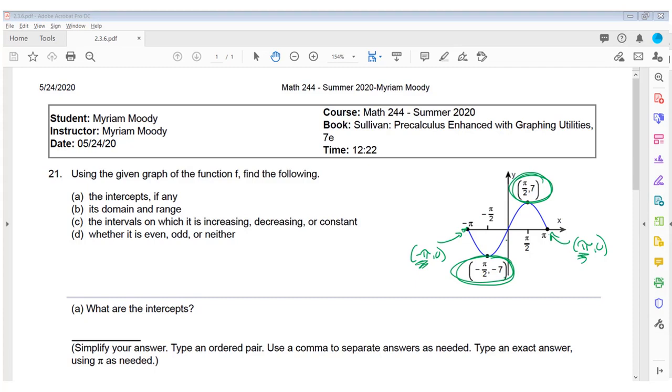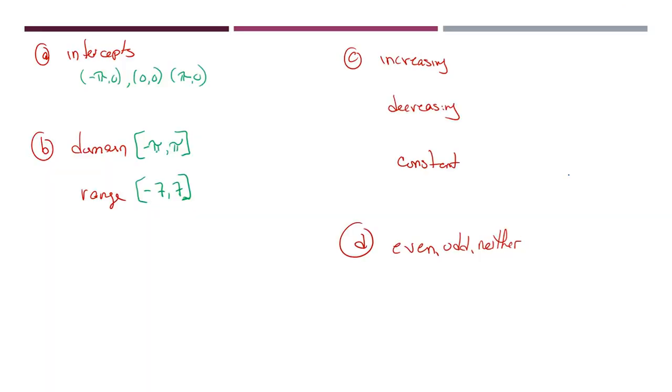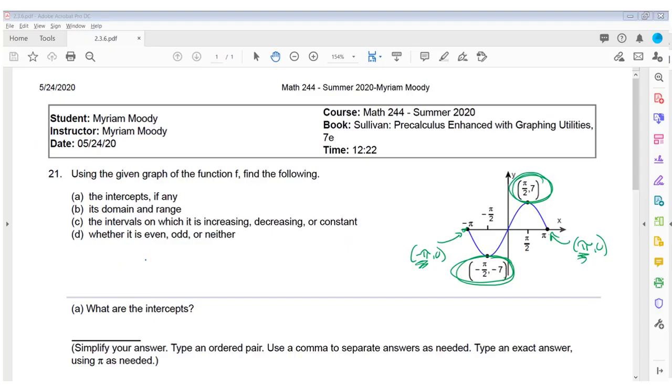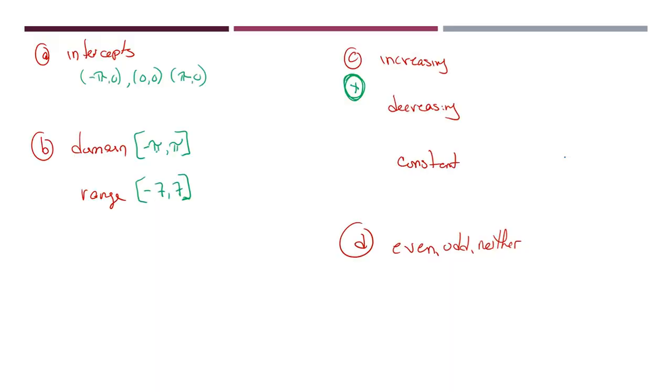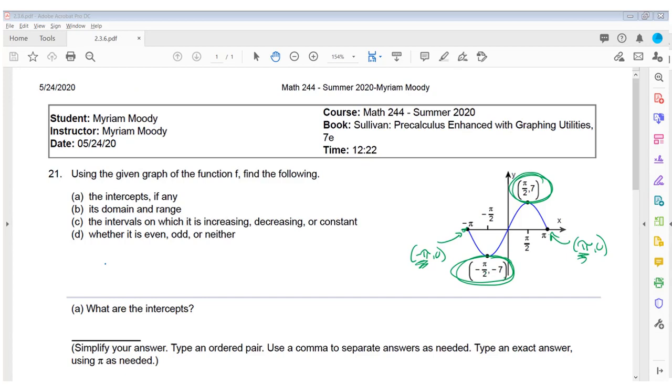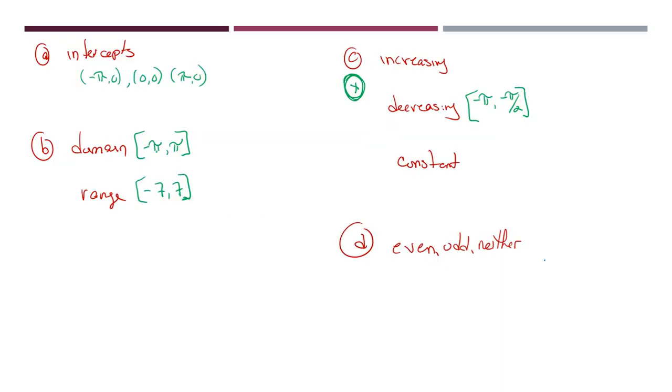But again, when you're talking increasing or decreasing or constant, you're talking about x values, which means from -pi to -pi/2, I have a decrease, don't I? And we'll put brackets because the author of this book wants brackets. And then from -pi/2, looks like it increases until +pi/2, doesn't it?